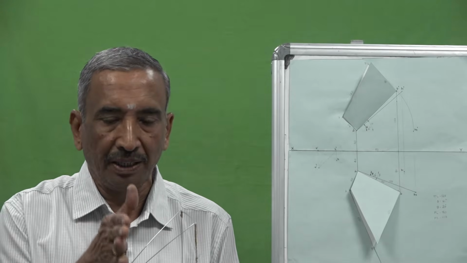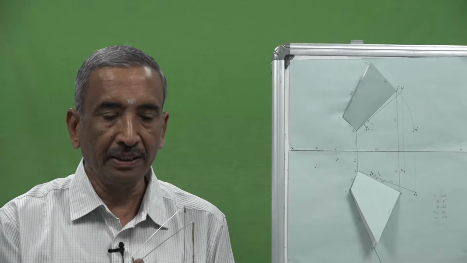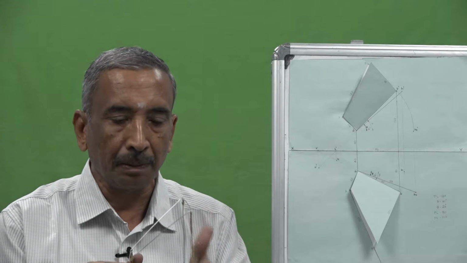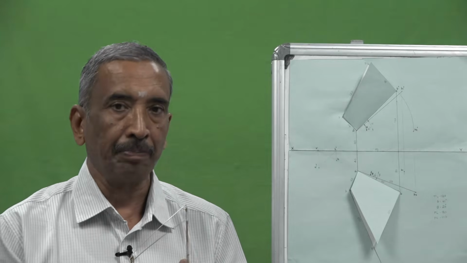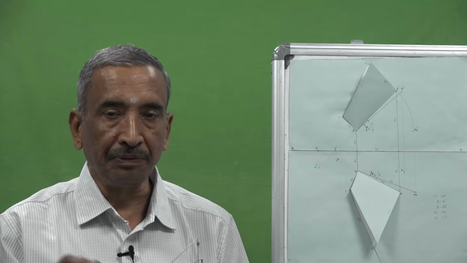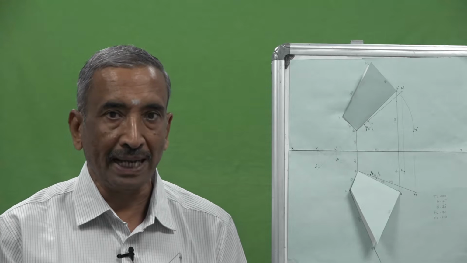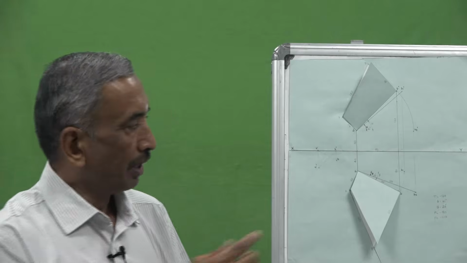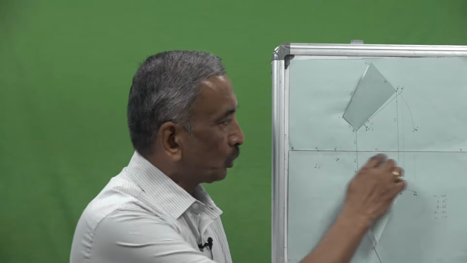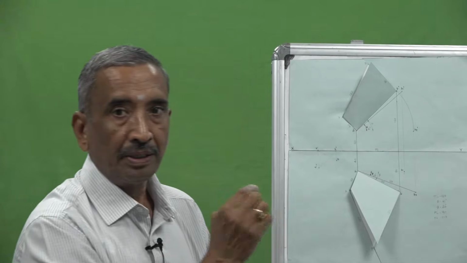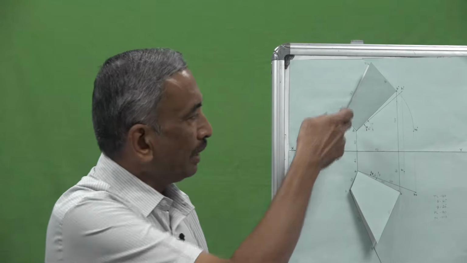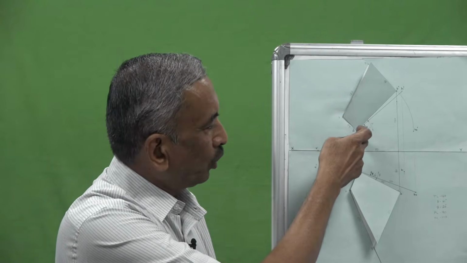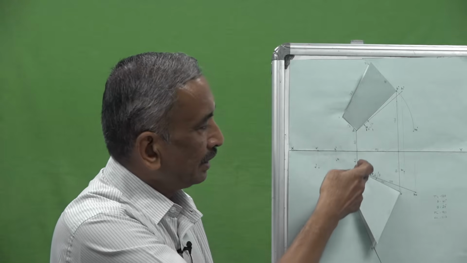The distance between projector A and projector B is 80 mm. So distance between end projectors is given as 80 mm. So what we do is, we will be drawing a line XY, then we will be drawing a vertical line. I hope that you can see this vertical line.